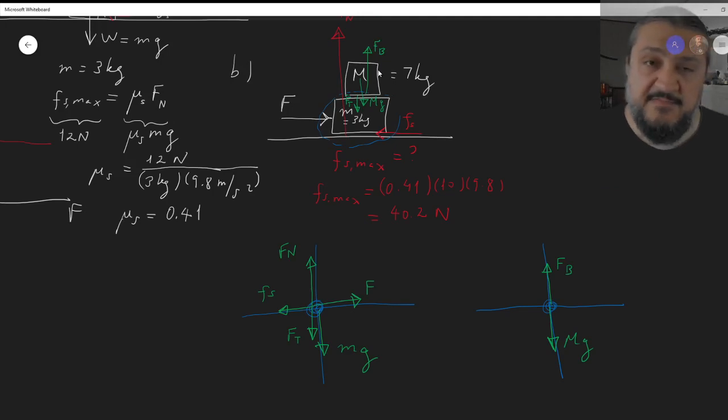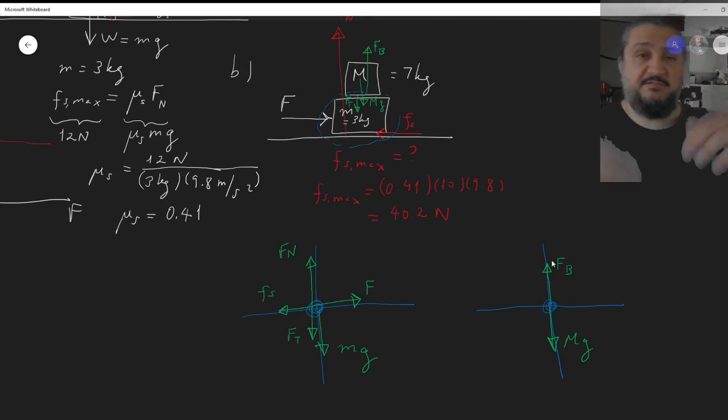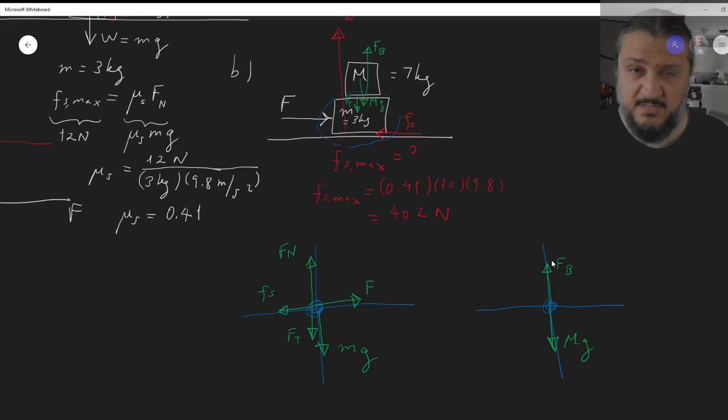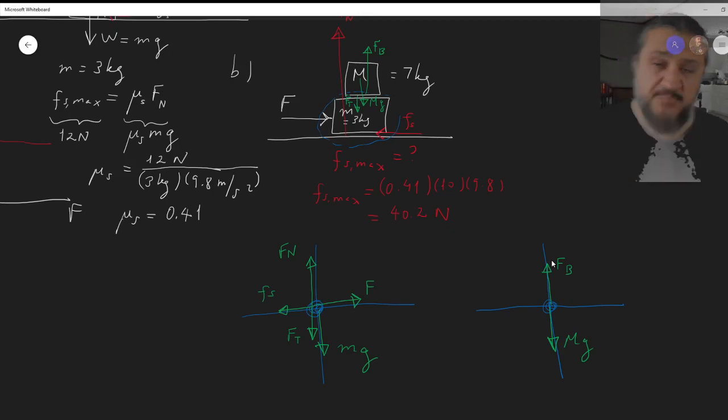And if that's the static case, if it's not moving yet, pretty much Fb is the only interaction force. If this was in motion, I would include a horizontal component, but it's not, so we can ignore it. We just have two forces. Okay, Fb is the small mass exerting on the bigger mass, and Mg is its own weight.